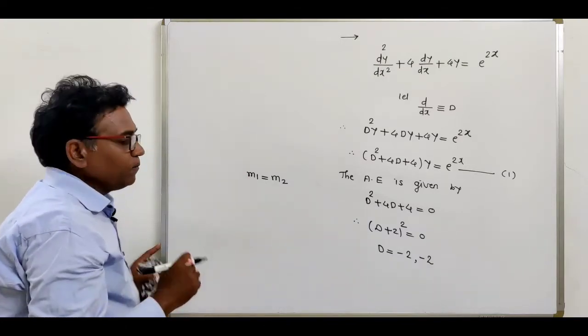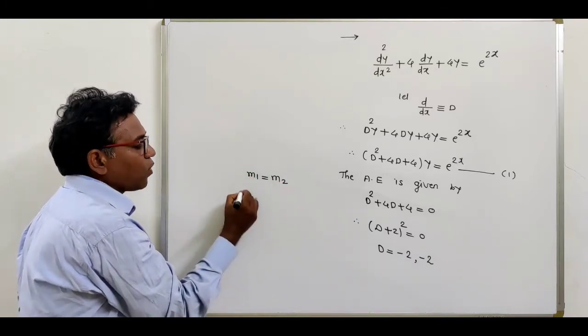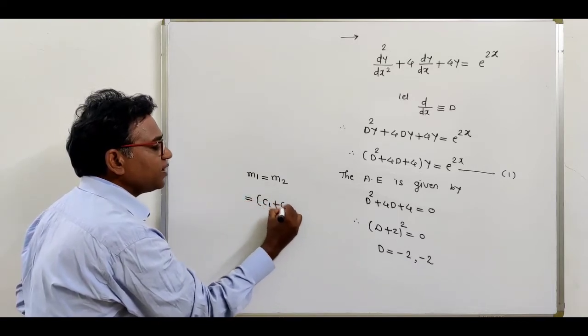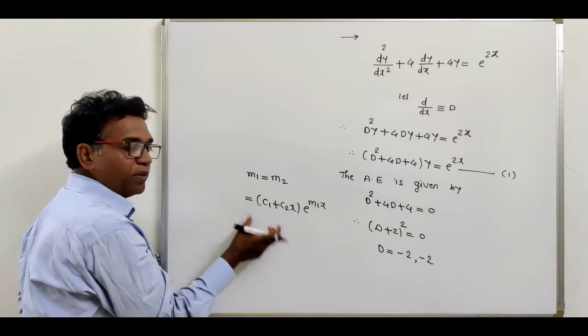So what is the formula? If the root repeats 2 times, then its complementary function is given by the formula (c1 plus c2 x) into e raised to m1 x.